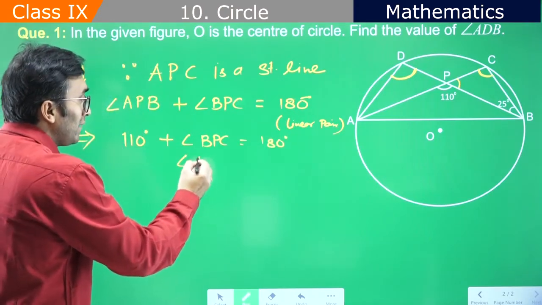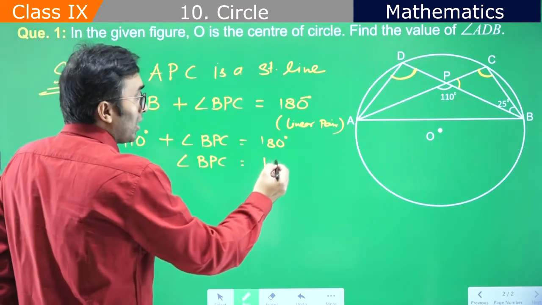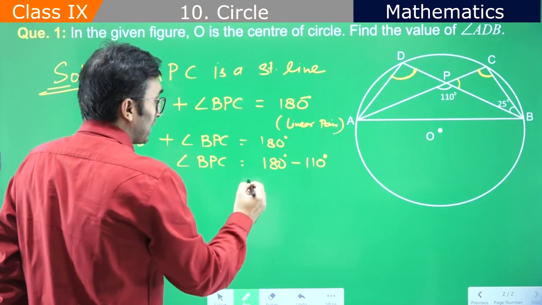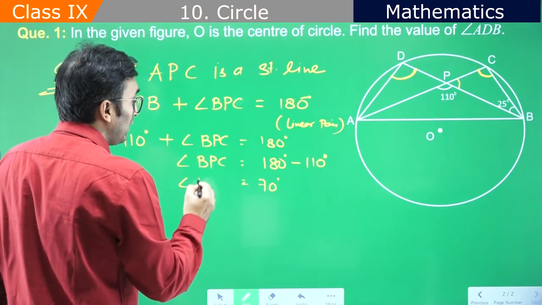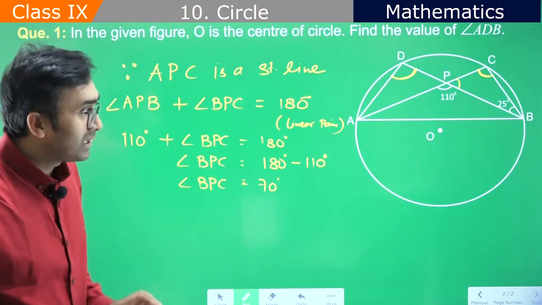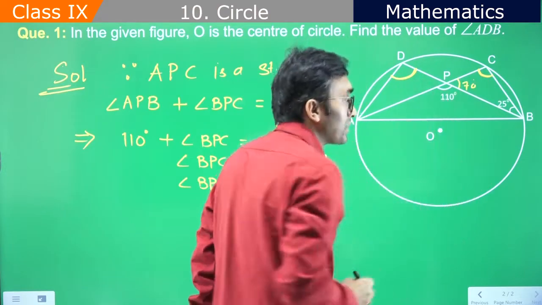So we can find the value of angle BPC. So this is going to be 180 degree minus 110 degree, so that is going to be 70 degree. So we got angle BPC as 70 degree. Understand? So this is the value we got, 70.